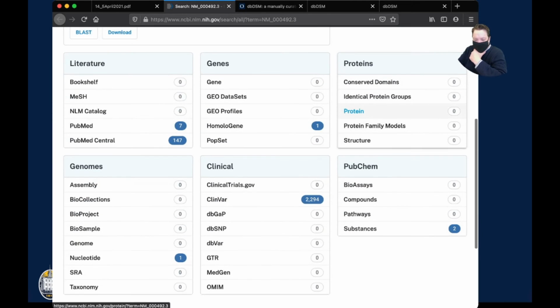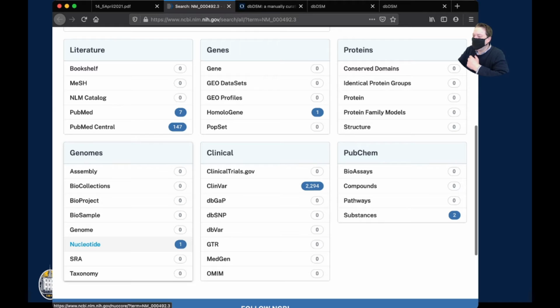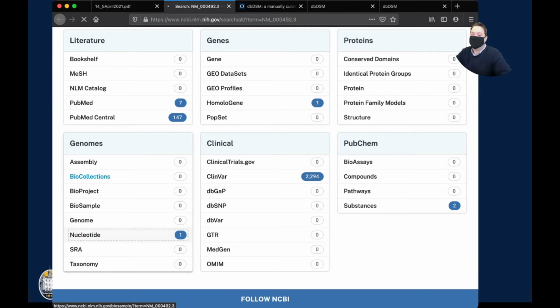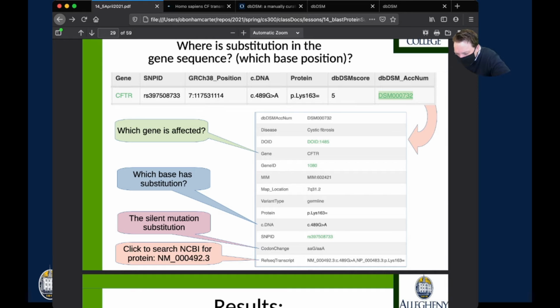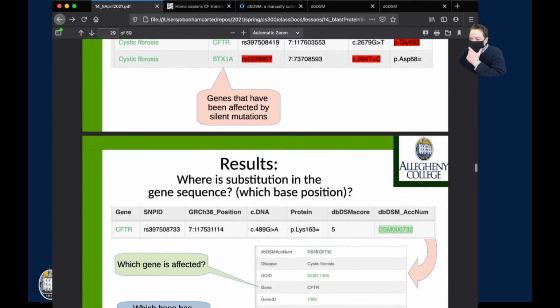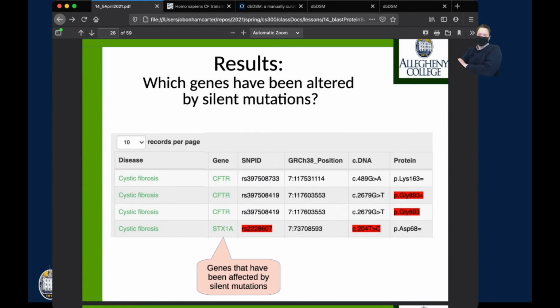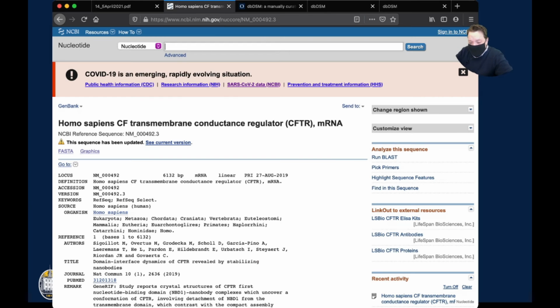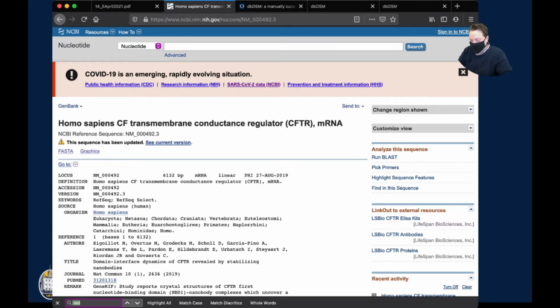If you go and find the nucleotide, which is right down here, you can find this gene we're looking at. What does it say on the screen here? Right here, it's the CFTR gene. So if I go over here, I'll do a simple search here, CFTR.